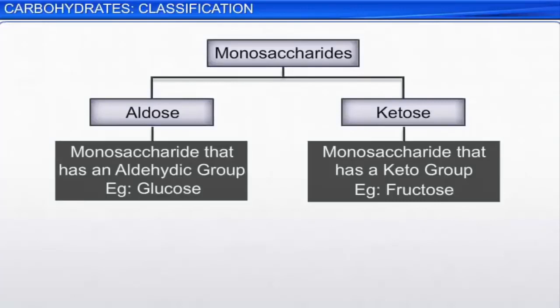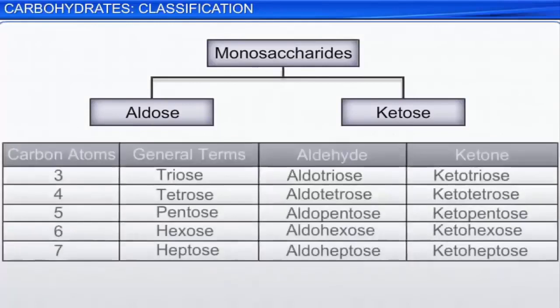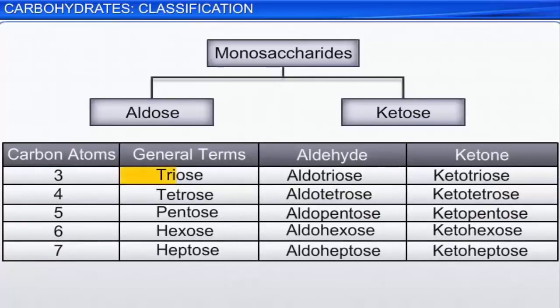Aldoses and ketoses can be further classified on the basis of the number of carbon atoms present, as shown here. The prefixes tri, tetra, etc. with the ending "-ose" indicate the number of carbon atoms present.